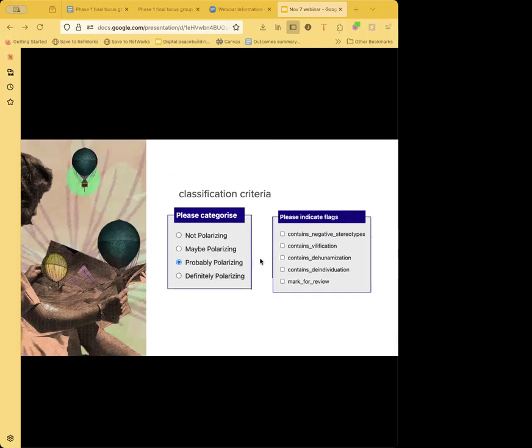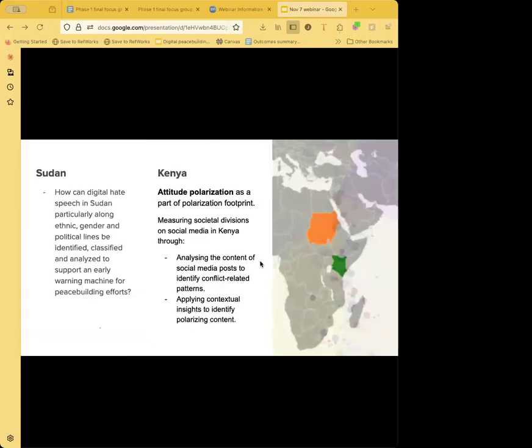Okay, I think I'll go next. For Kenya, our research question was mostly based on attitude polarization as part of the polarization footprint, which is characterized by perceptual shifts toward stereotypes, dehumanization, deindividuation and vilification of the different types of identities we have in Kenya.